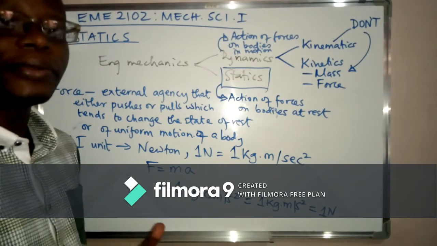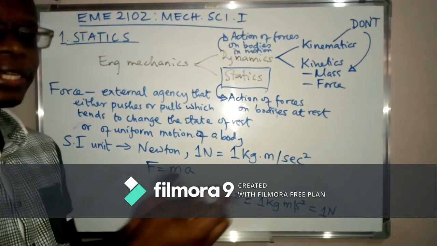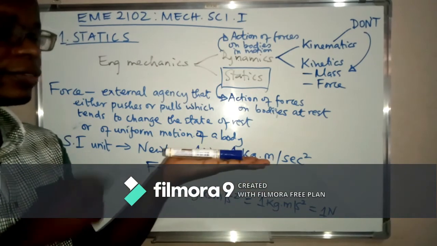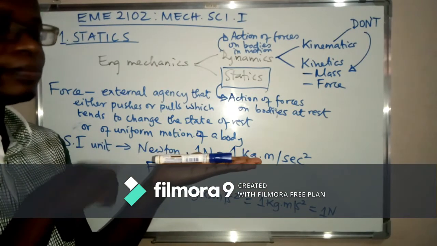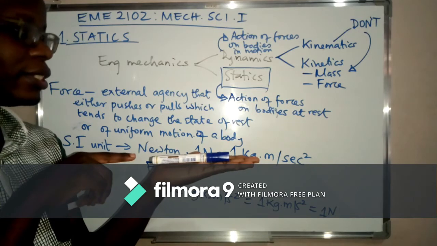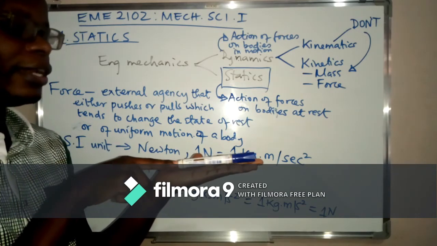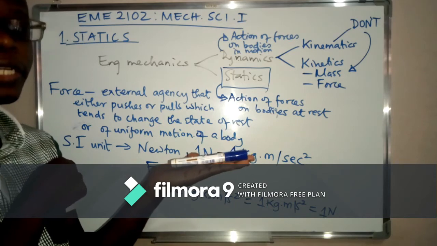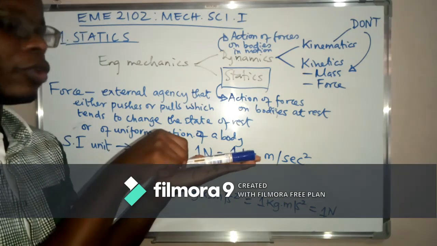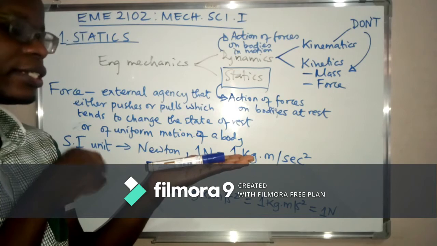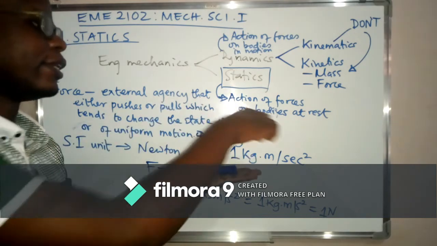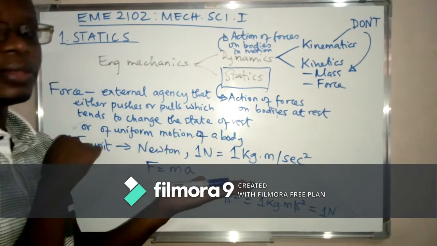For example, if we have a body which is stationary, then a force is that which causes displacement of this body. So it is either a push or a pull that causes change in the position of that body.